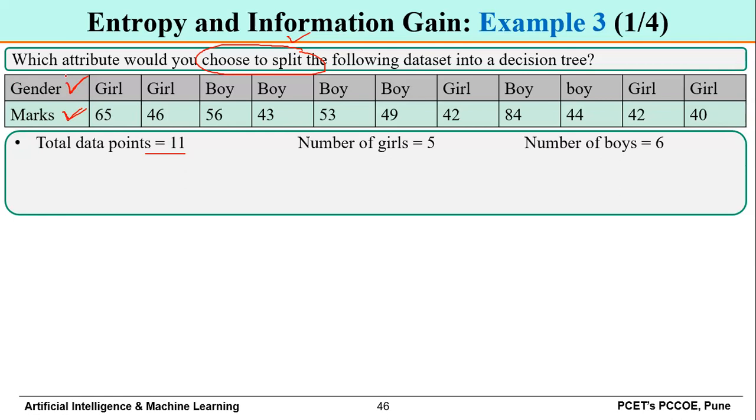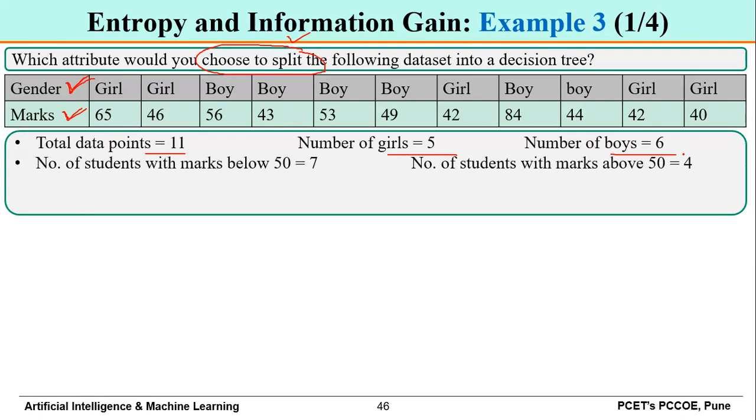In the gender row, there are 5 girl students and 6 boys. Furthermore, if we set a cutoff of 50 marks, then there are 7 students who received less than 50 marks, and 4 students who received more than 50 marks.